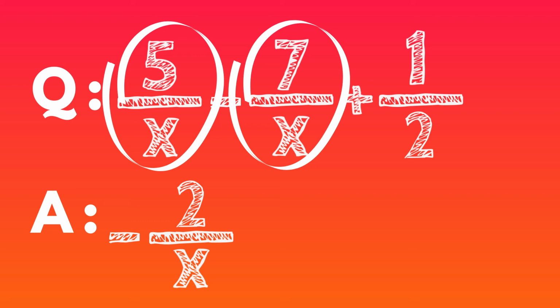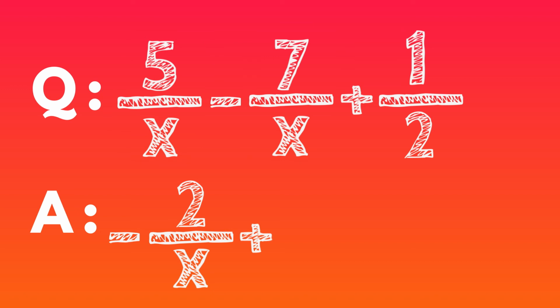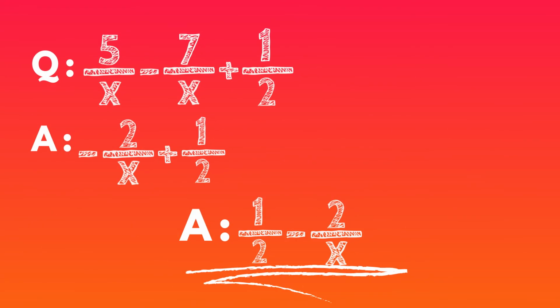And the denominator is x, plus half. So we have simplified, but now we are going to rearrange our fractions so that we start with the positive, which is half, take away 2 over x. That is our final answer.